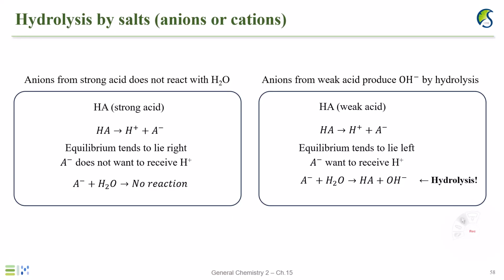But the other types of acid or base that we are going to study from now on don't have any H or OH, which means that even though some molecules don't have any proton, they can also be acid or base. To understand this concept, what you first need to understand is the hydrolysis by salt, which means the anions or cations.